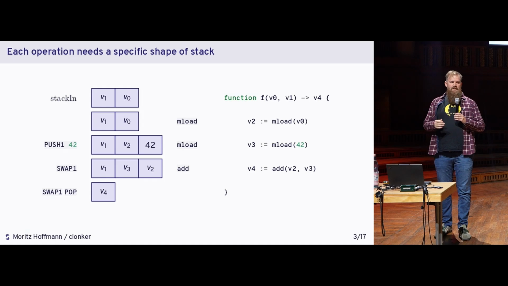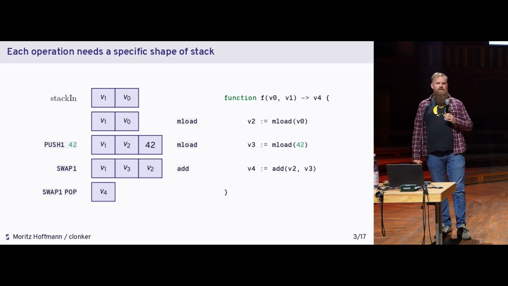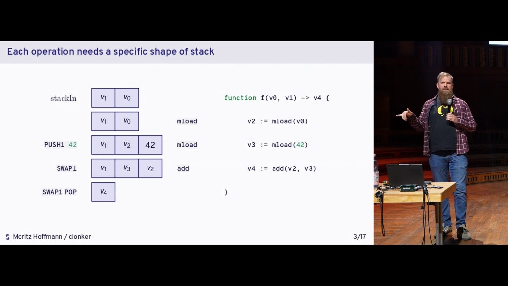So if we walk through this example real quick, we have a function f, which takes two arguments, v0, v1, and it returns v4. That means initially we can assume the stack top. And if I look at these representations of stack, it's important to keep in mind that the rightmost bit of it is the top. So v1 is below v0. We have a stack v1, v0 with v0 at the top.